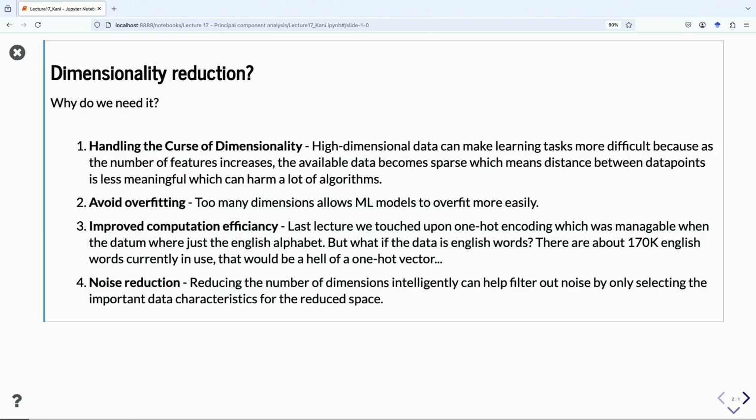So, what's the highest dimension? Let's say we want to encode the English alphabet, and only lowercase letters.